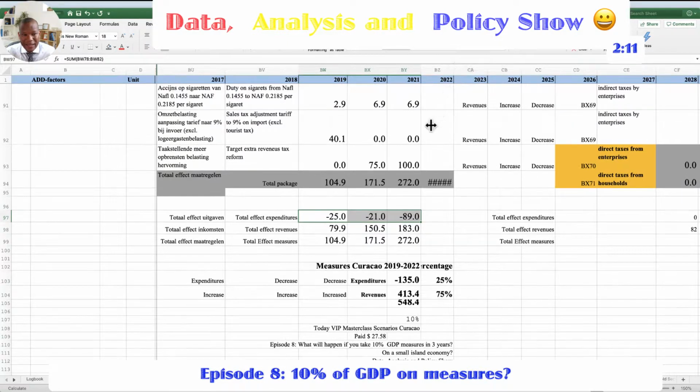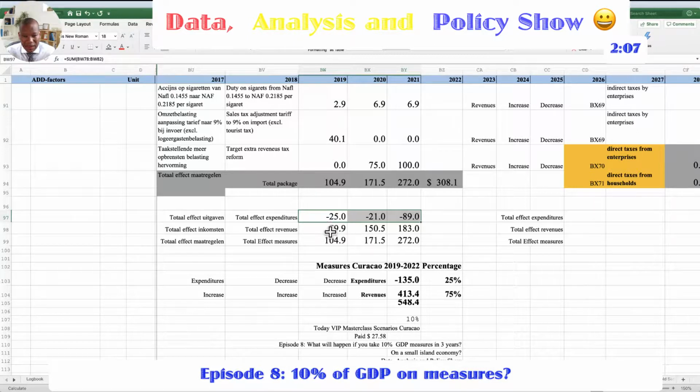So analyzing that data, you see that there is this amount on the total revenues and this amount on the total expenditures.